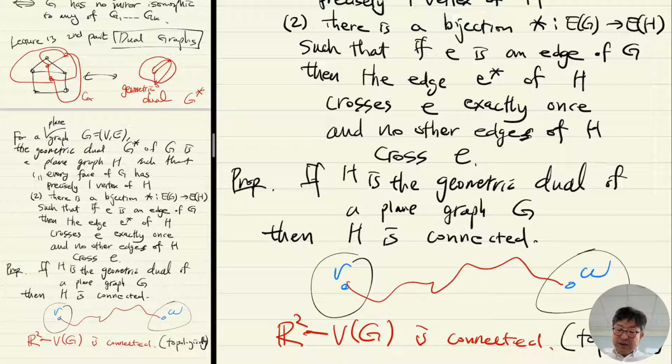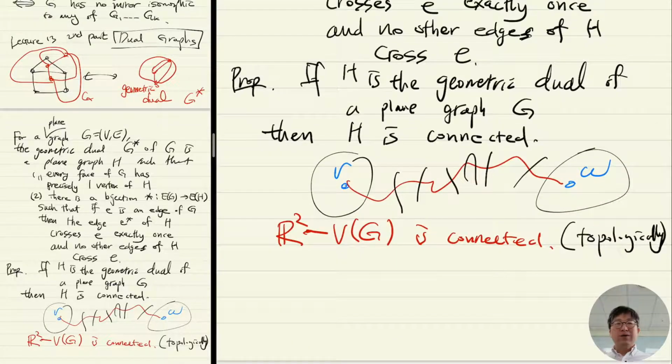Now this curve will cross some edges. It could be the same edge twice. Now what does that mean? That means if I cross one edge E of graph G, then I use E star, right?